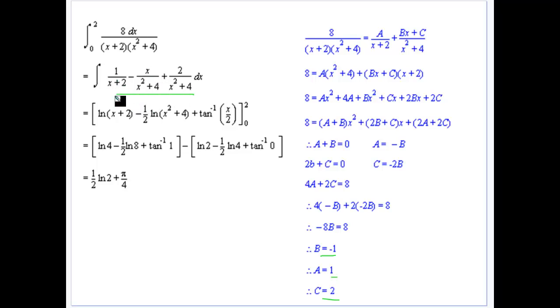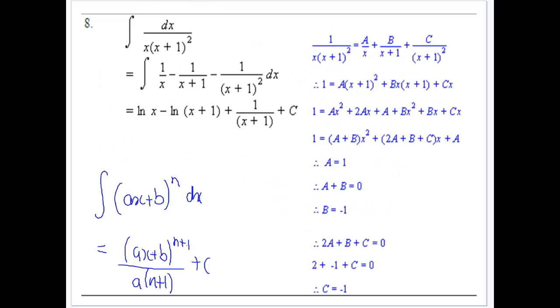Again, we're going to get a log function integrates to a log function. That one's integrating to an inverse tan function, and because it's a definite integral here, we substitute our values in to get the numbers there. But the same process keeps going on.